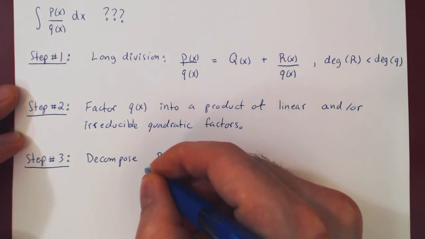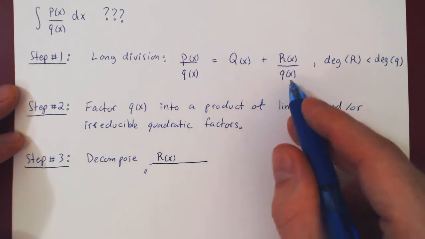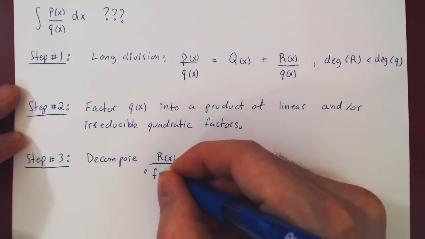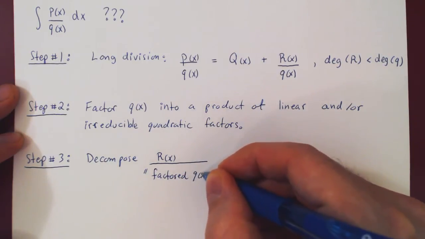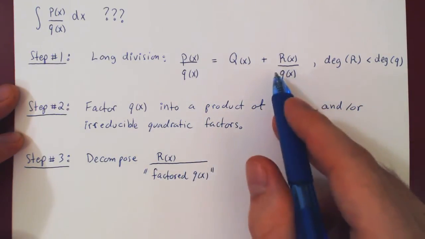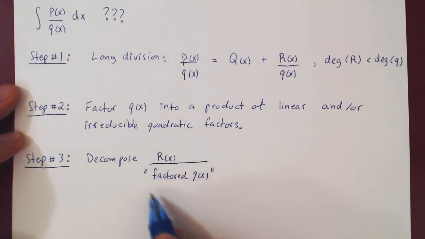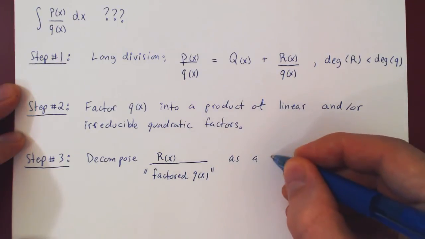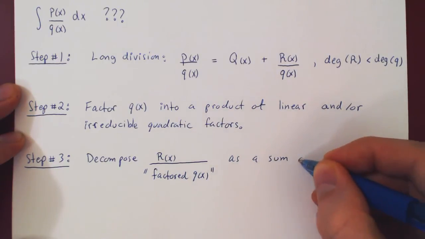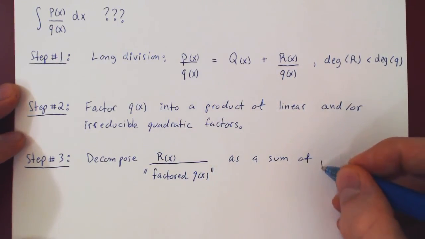So I'll be a little sloppy here. I'll write over the factored form of q of x. So once we factor q of x, we want to decompose the single rational function as a sum of what's called partial fractions.